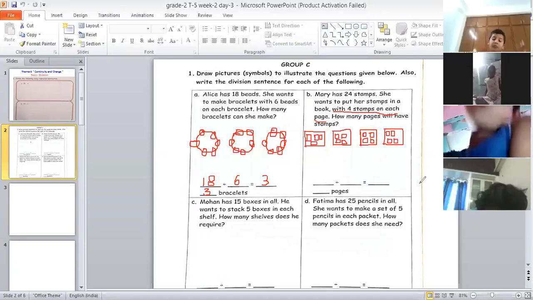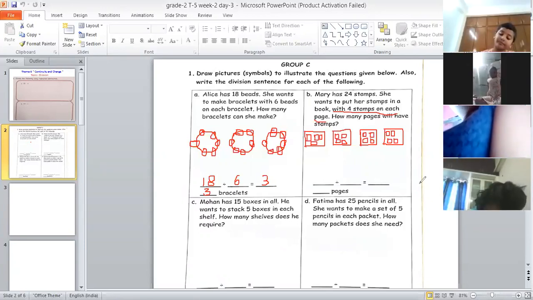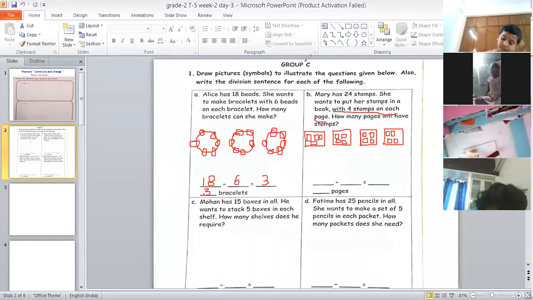Okay. Srimant, can you count what are the total number of stamps? 1, 2, 3, 4, 5, 6, 7, 8, 9, 10, 11, 12, 13, 14, 15, 16, ma'am. Yes, we have drawn 16 stamps till now.